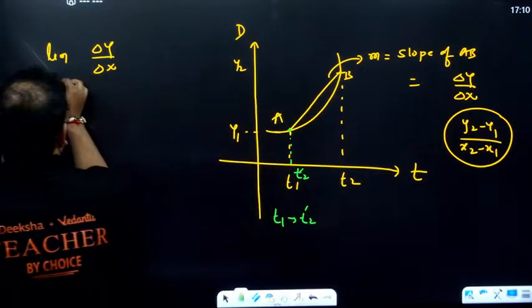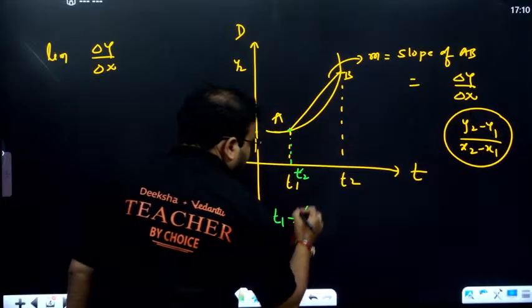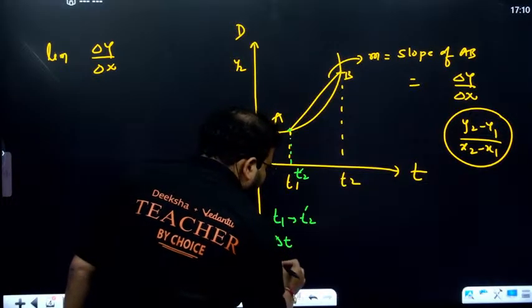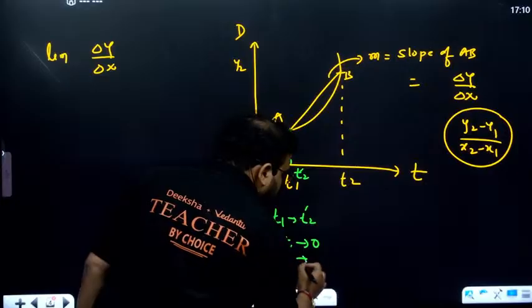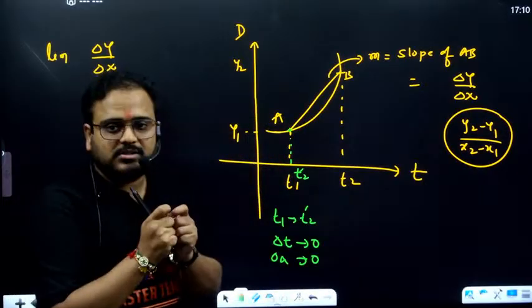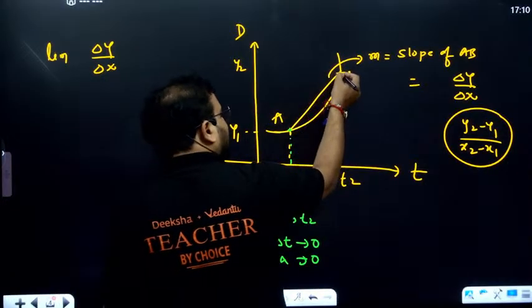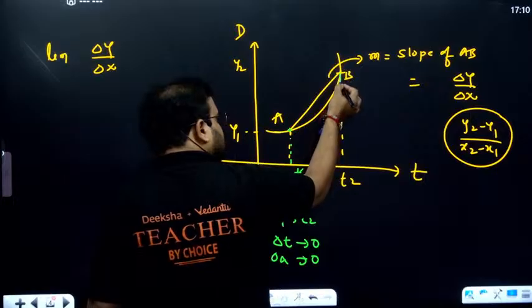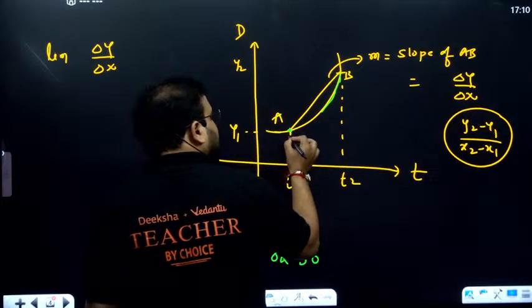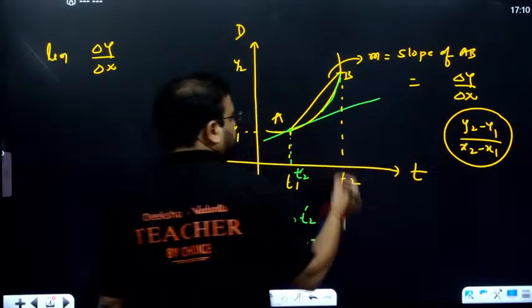Then either I can call it delta t or delta x, it becomes almost 0. If they are very close, this chord, if I keep moving this point like this, if I move to this point, this chord will become a tangent.